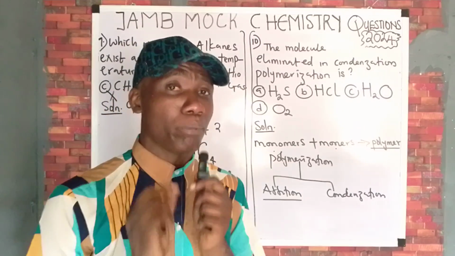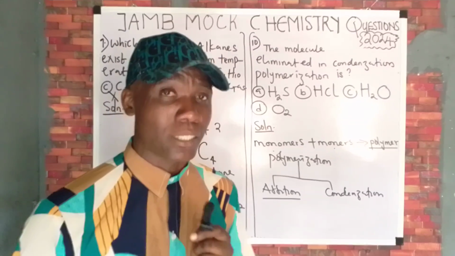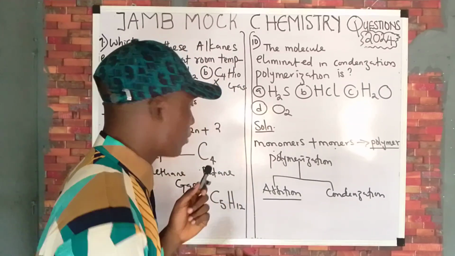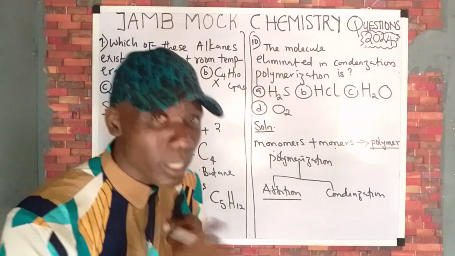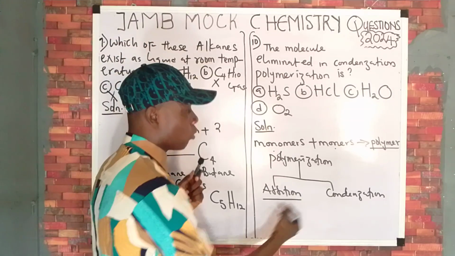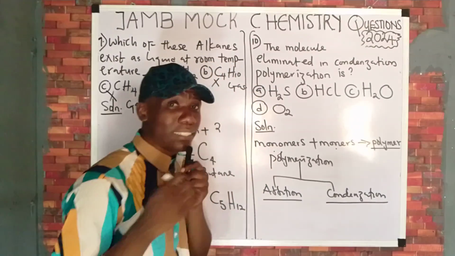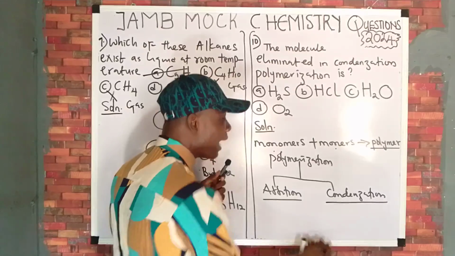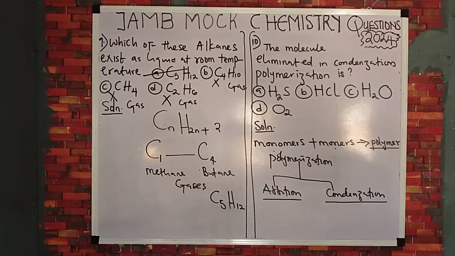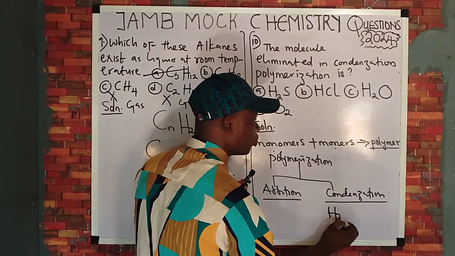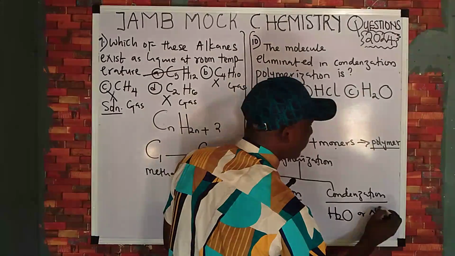For instance, C2H4 plus C2H4 plus C2H4 plus many numbers of C2H4 will give us polythene. But in condensation polymerization, there is an elimination of either H2O, which is water, or ammonia.